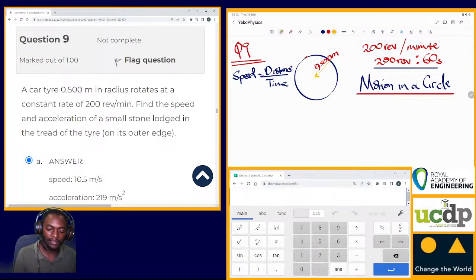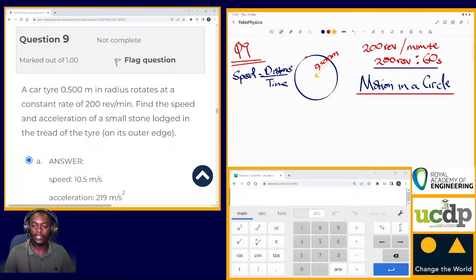It makes a total time of 60 seconds, but it would have made 200 revolutions. So the time for the entire duration is 60 seconds, after 200 revolutions. Okay, and this is motion in a circle, and here we're considering a circle.